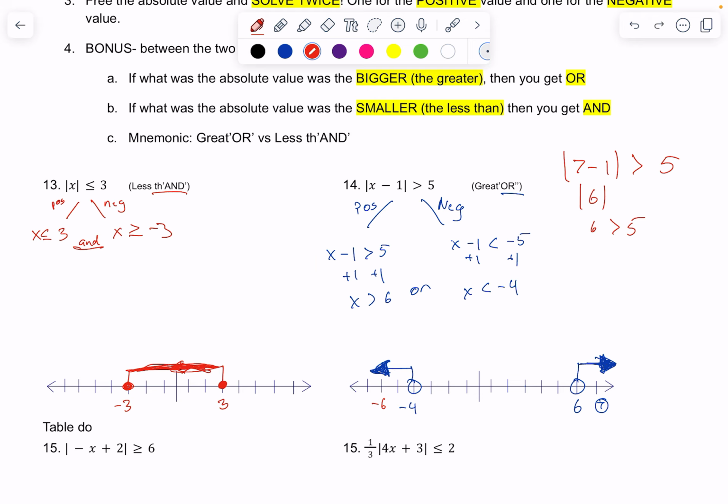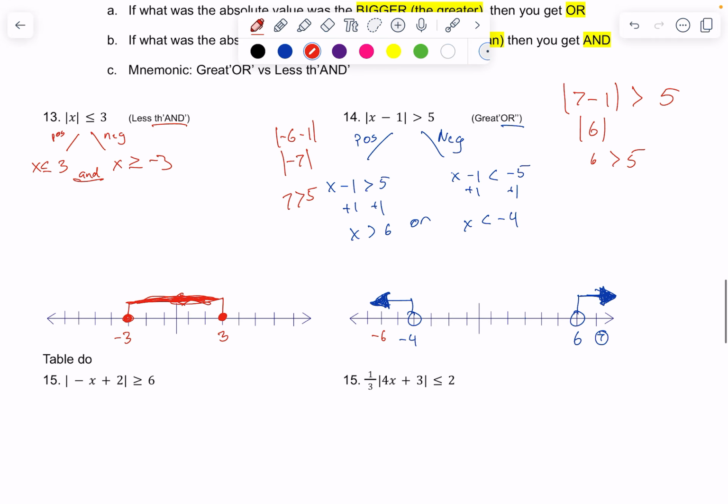So I have negative 6 minus 1, that's going to be negative 7. The absolute value of negative 7 is 7. 7 is greater than 5. That is also true. These are true statements. Either or is going to work. So we're good. Everything on this side works. Everything on this side works.